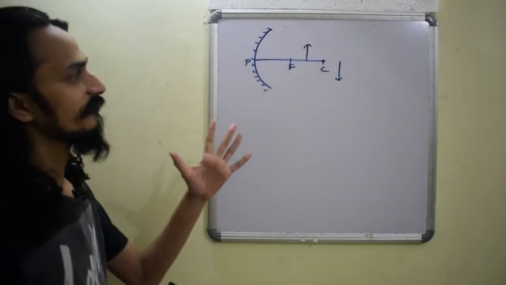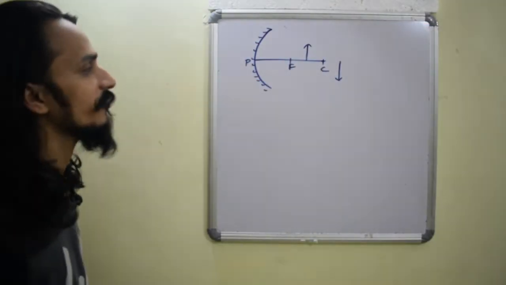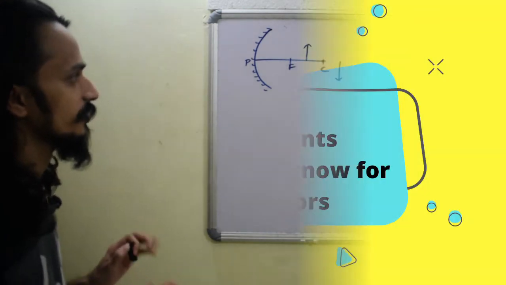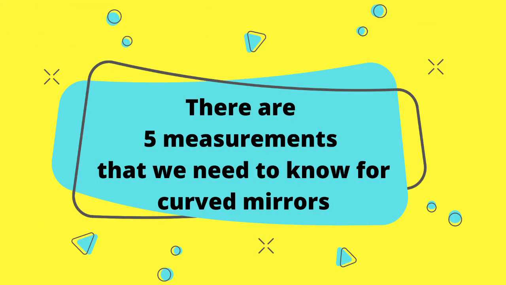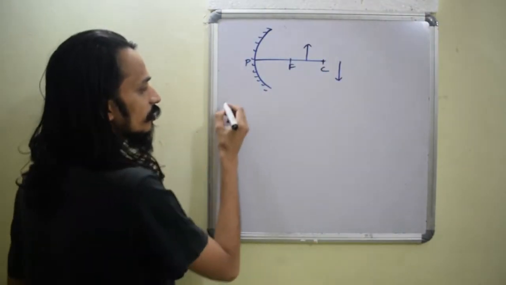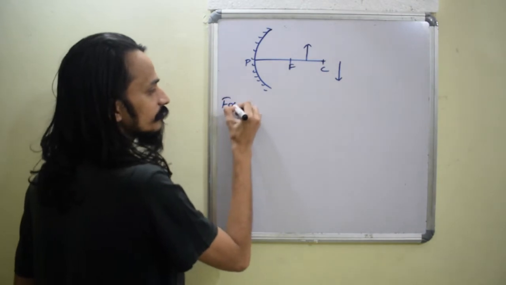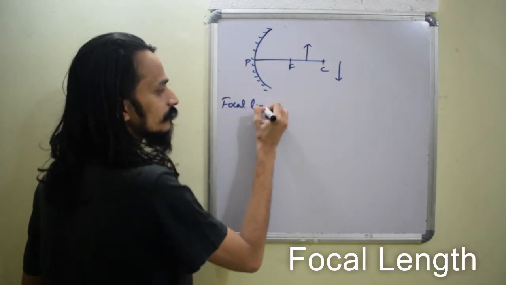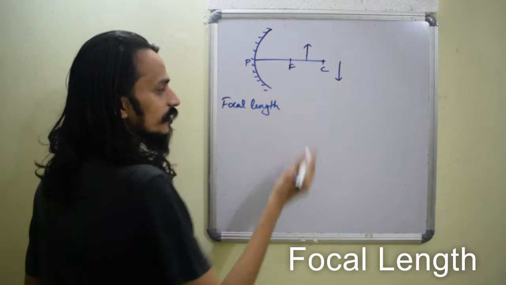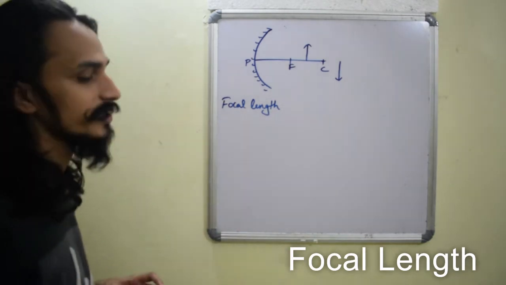There are 5 things that you need to keep in mind when you are looking at measurements. First thing is something called focal length. This is a word that we came across even when we were doing the experiment.